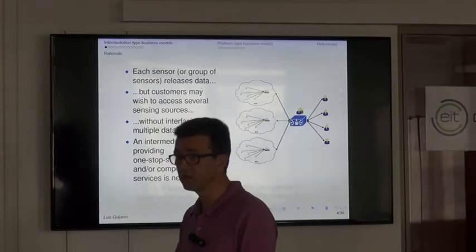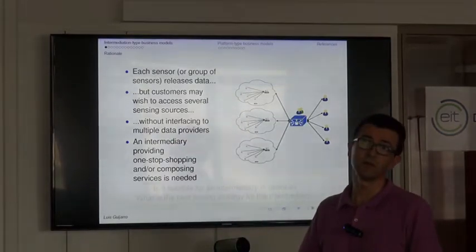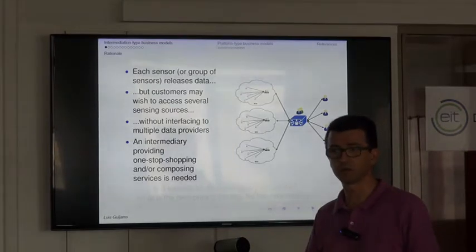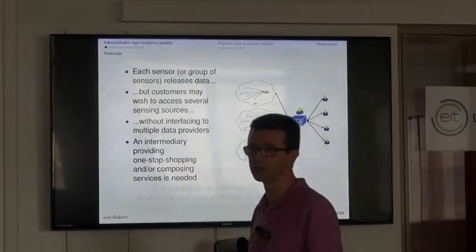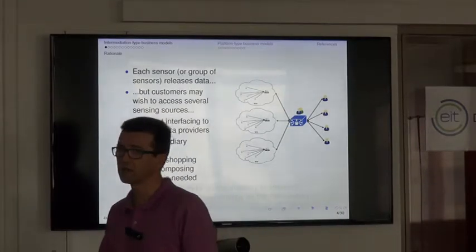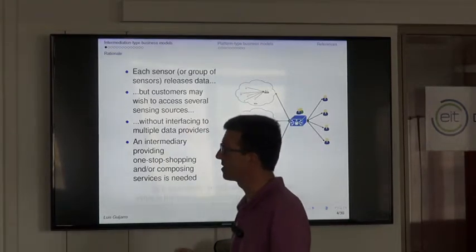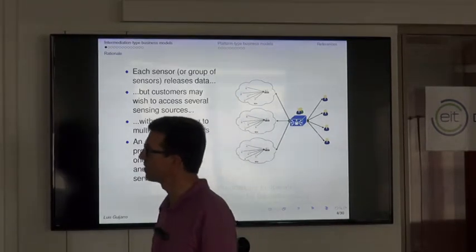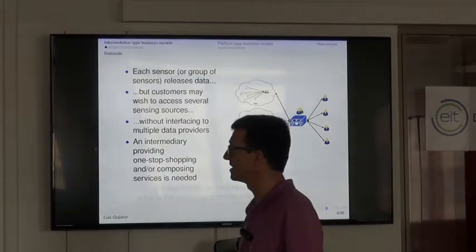Of course, the quality of that service provided to the users will depend on the amount of resources, on the amount of sensing data, on the amount of the sensing data rate that the intermediary can gather from the networks. But basically, the rationale of an intermediary is what I have just said.